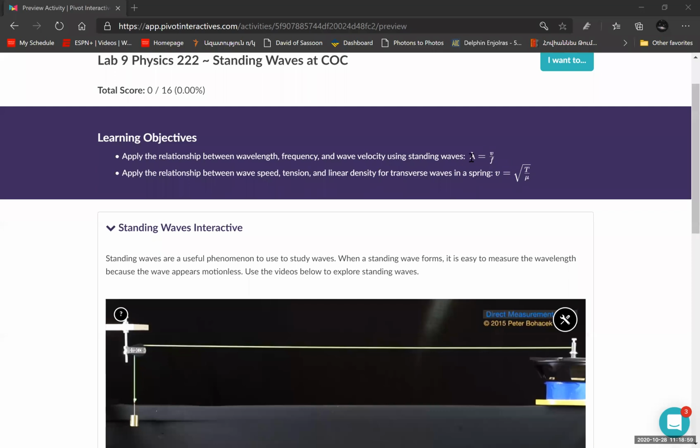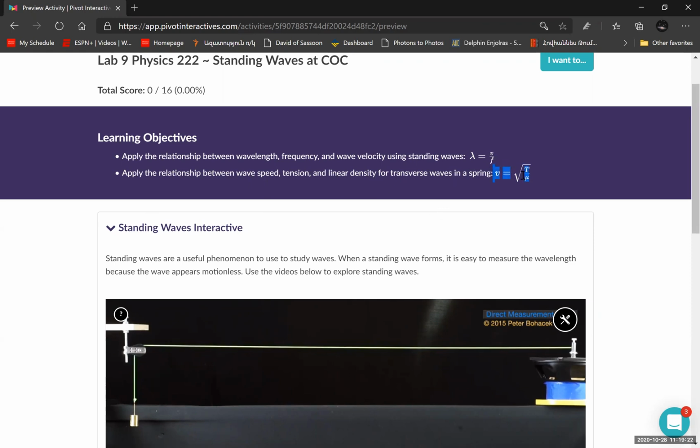So we will be using this equation to do our graphs, where the wavelength is inversely proportional to the frequency, and the velocity is basically the proportionality, so that's the slope. And then we're going to apply the relationship between wave speed, tension, and linear density for transverse waves in a string.